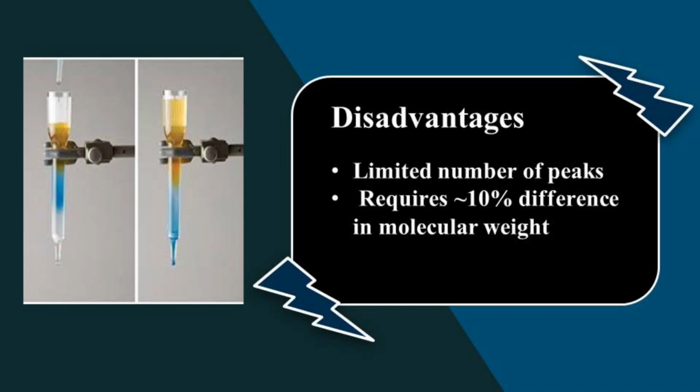On the other hand, gel filtration chromatography can be a relatively slow technique compared to other chromatographic methods. It may require longer run times for separation, especially when dealing with larger molecules or complex mixtures. This can be a limiting factor when a rapid separation is desired.